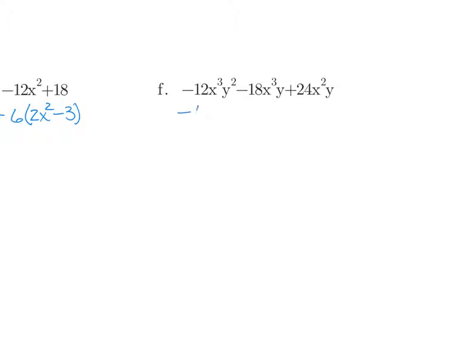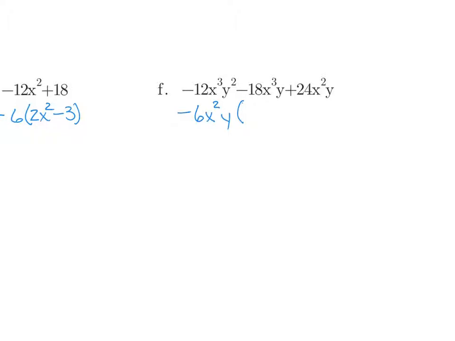How many x's do we need? Well, the smallest exponent is a 2, and so I'm going to factor out an x squared. How many y's can we factor out? Well, the smallest one is 1, so we're going to factor out 1y.